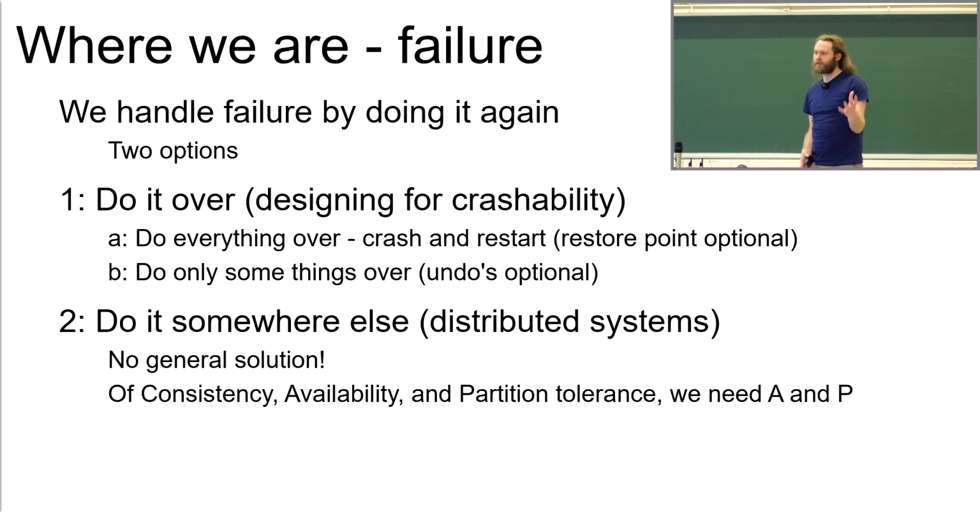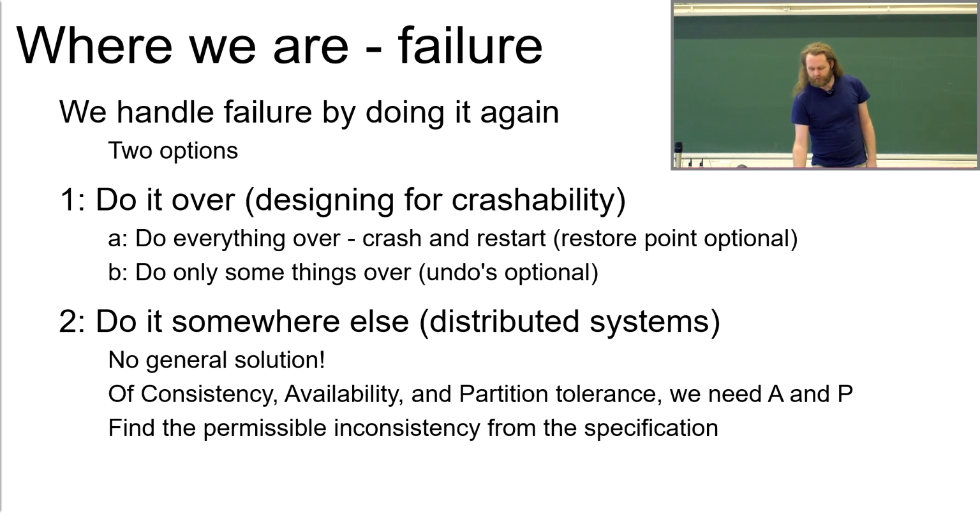So we need it to actually do something all the time, and we need it to do something even if it is disconnected. So that leaves us with consistency, and having a program that doesn't have consistency is going to produce random outputs. We don't like random outputs, so we want some amount of consistency. How do we deal with this? Right, so the way we did this was by finding what was permissible in the land of inconsistency, and the only way we can find this is from the specification, hence the no general solution part.